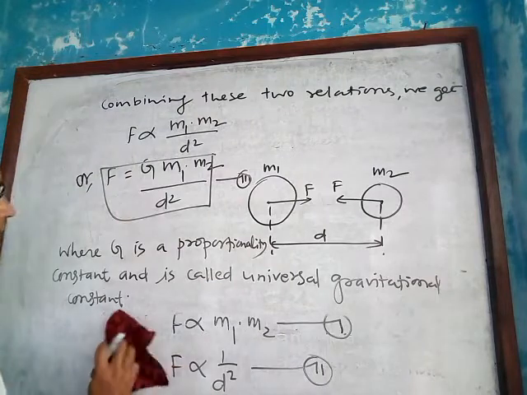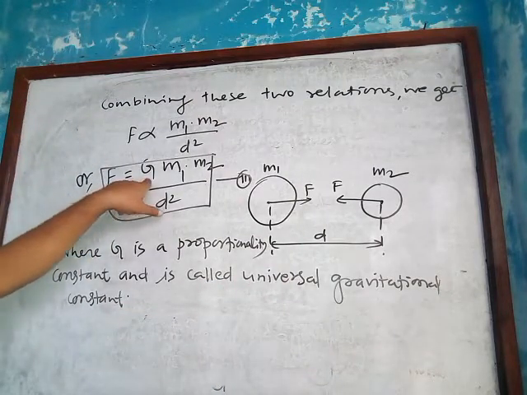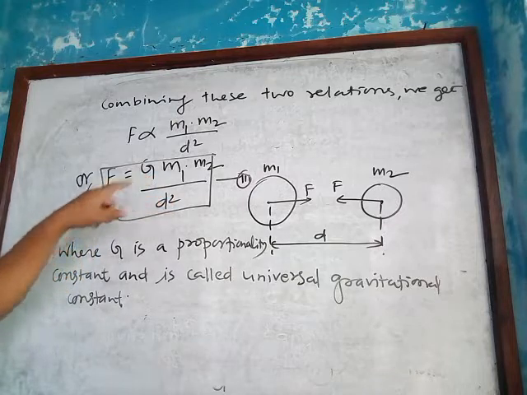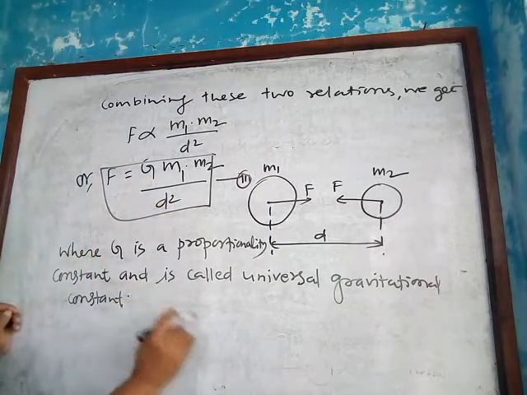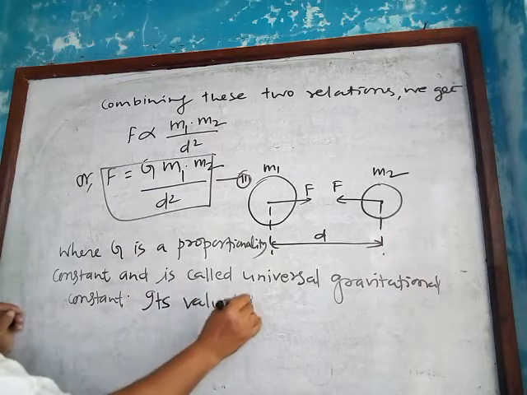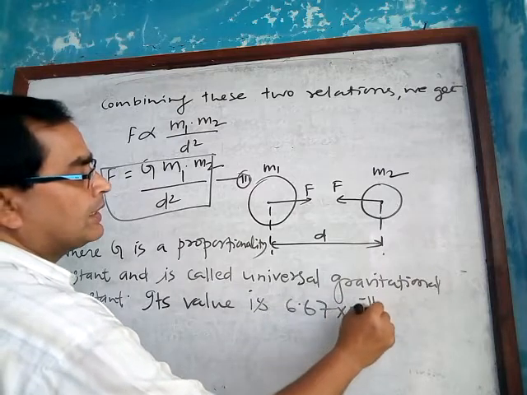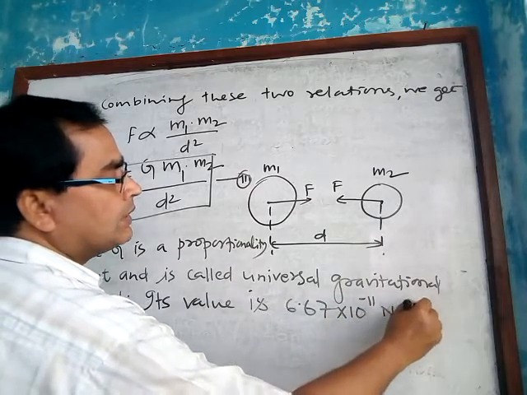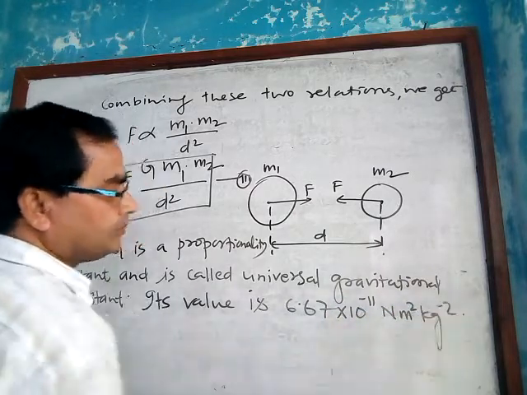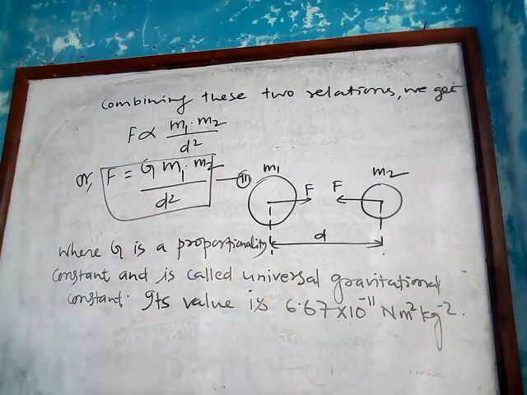Henry Cavendish found its value, that is, the value of G, as 6.67 into 10 to the power minus 11 Newton meter square per kg square, by using a torsion balance.